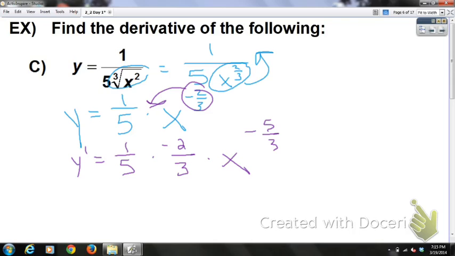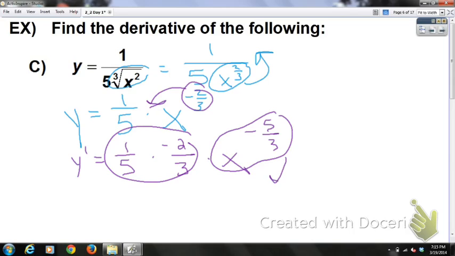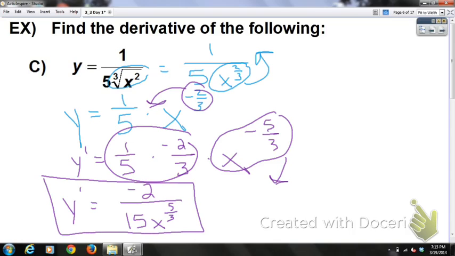If we do our multiplication with our fractions, take our negative exponent, and move it downstairs, we end up with y prime is equal to negative 2 over 15x to the 5/3 power. Piece of cake.